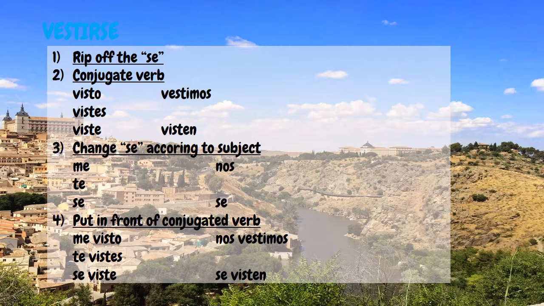But what's different about this one is that vestirse starts with a VE. However, in the yo, tú, él, ella, usted, and ustedes forms, that E, the VE, changes to a VI. So it's visto, vistes, viste, and visten.